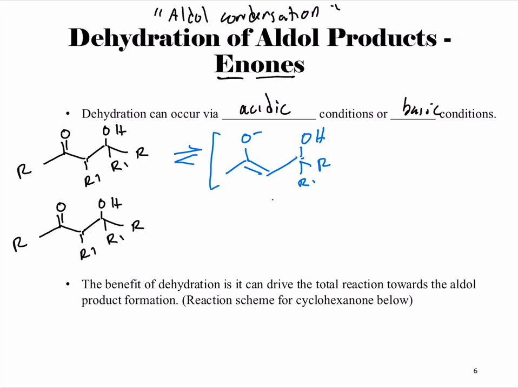So the enolate ion is generated, and we get the leaving of the base, and we get our enone product here. All right, so we lose a hydroxide ion, OH minus, and the version of the enolate ion that we make is charged.